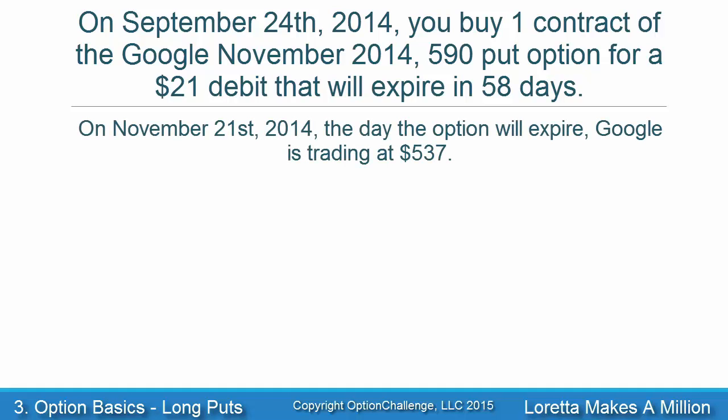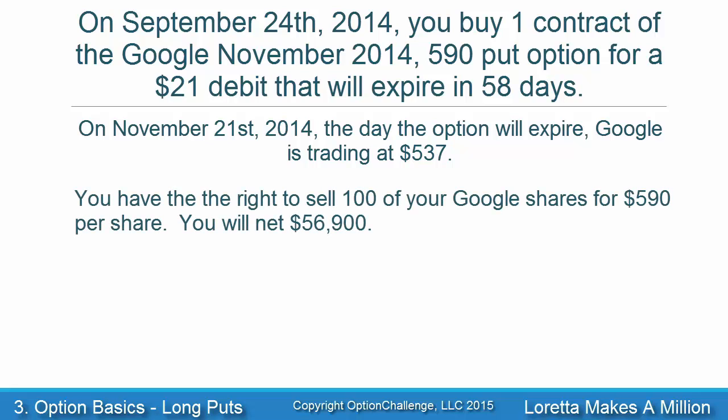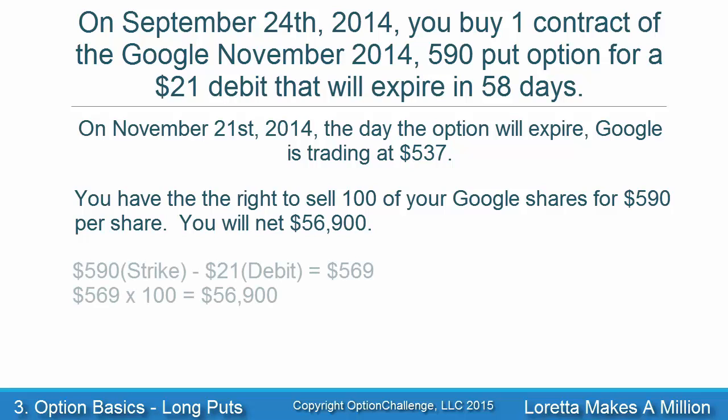On November 21, 2014, the day the option will expire, Google is trading at $537. You have the right to sell 100 of your Google shares for $590 per share. If you sell the 100 Google shares, you will net $56,900.